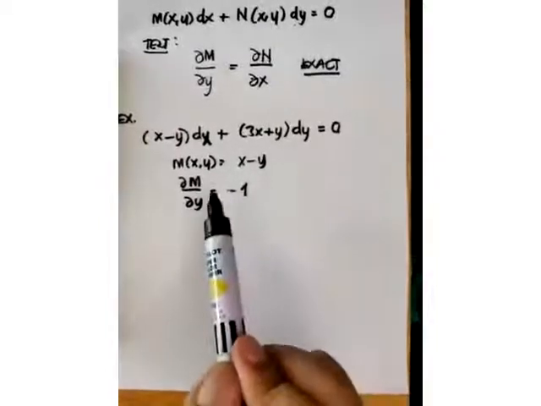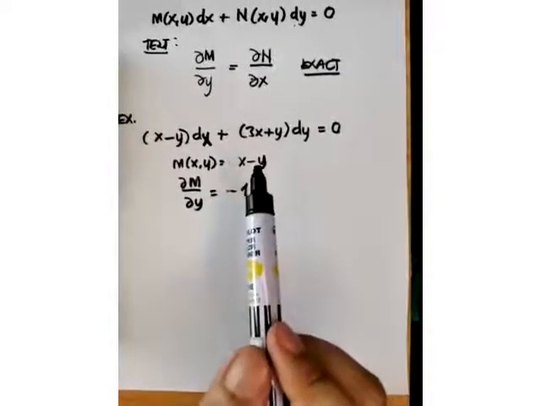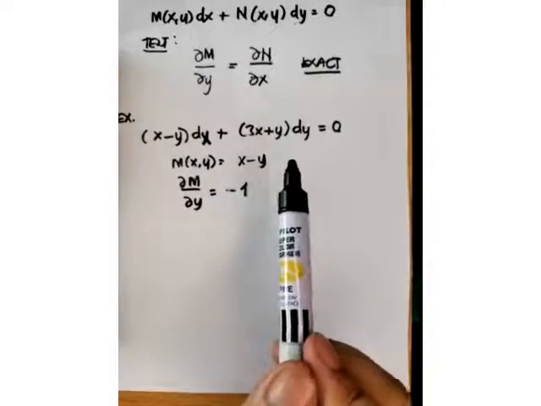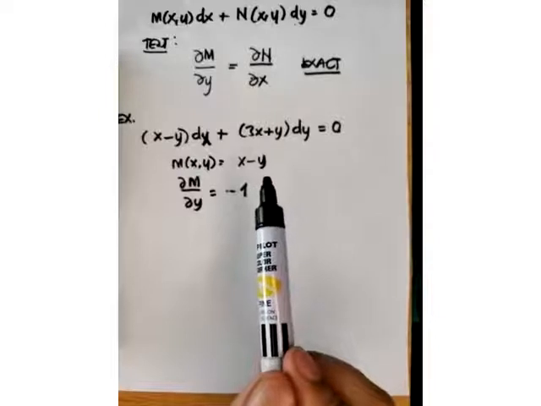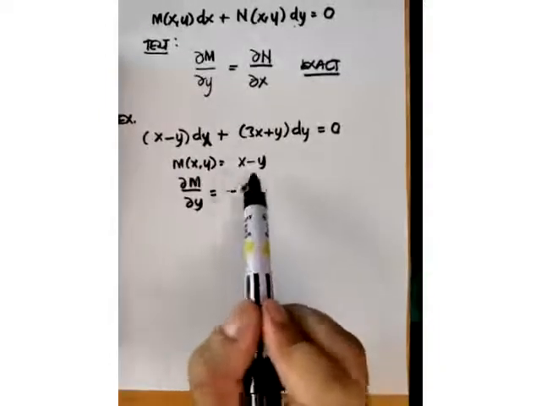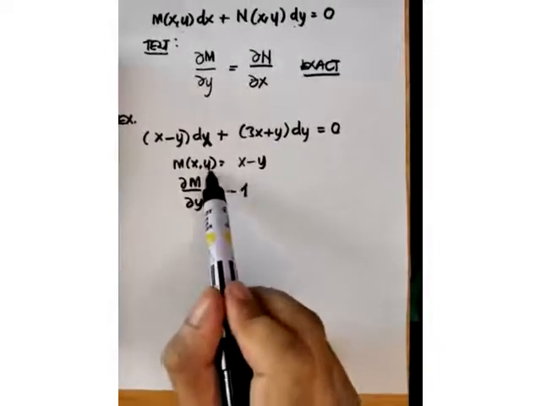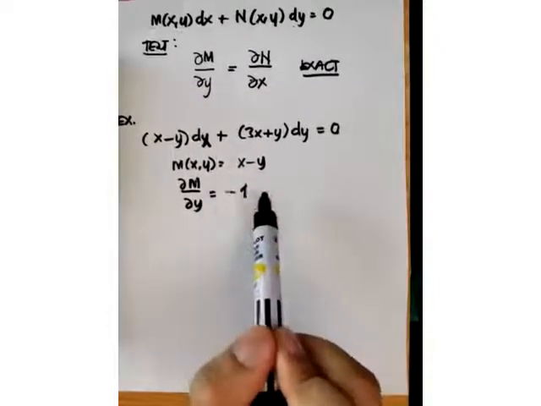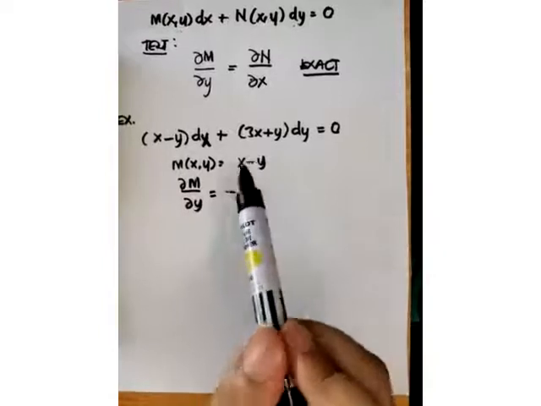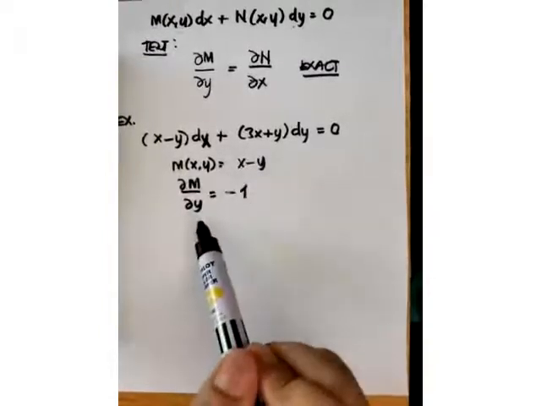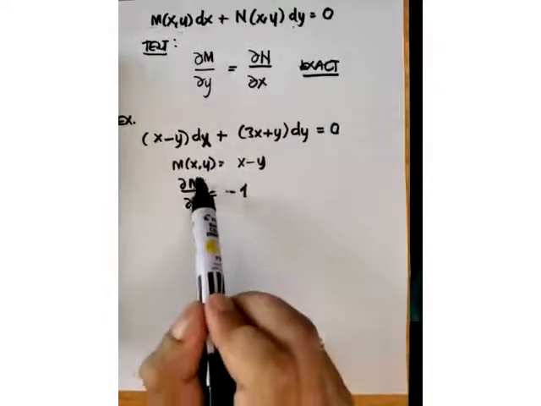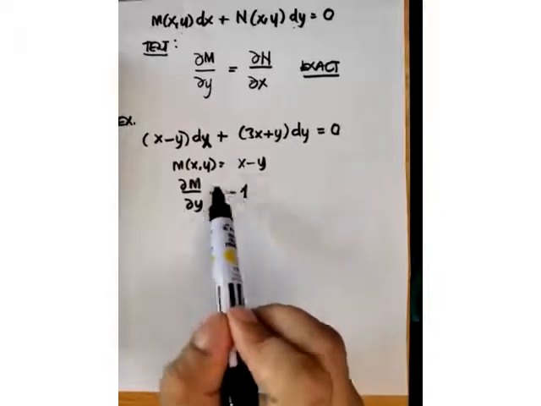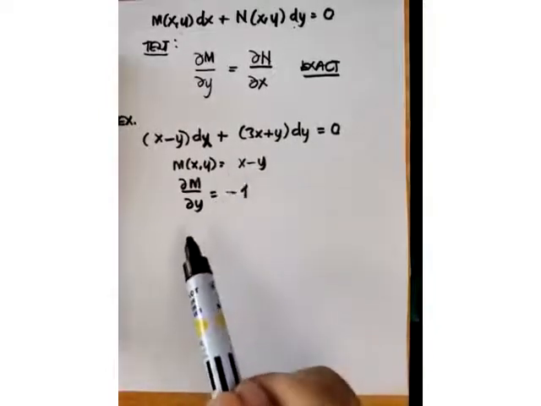Do you remember partial integration? The other terms act as constants. It is the same in partial derivatives. Since we derive only in terms of y, all the other variables are considered constants, and the derivative of a constant is 0. So the derivative of x is 0 because it acts as a constant.